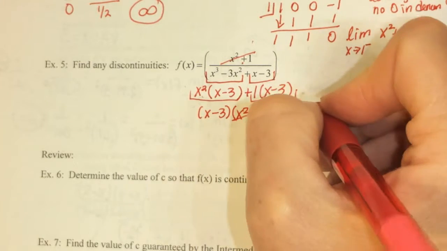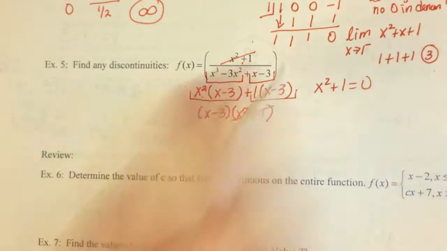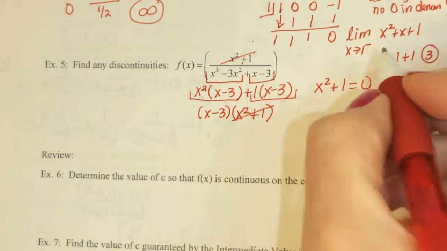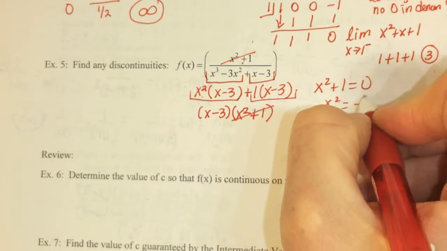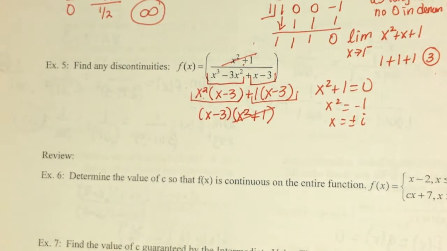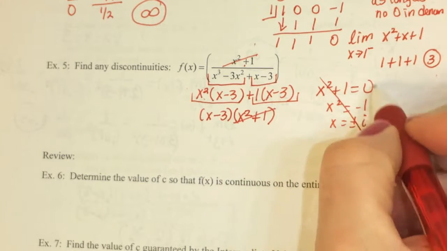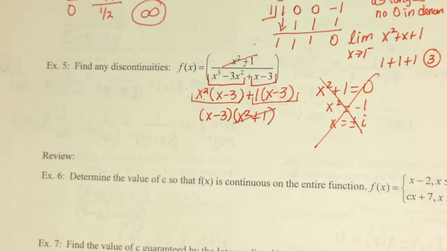So there should be a hole in the graph at whatever would make x squared plus 1 equal 0. But if I solve this, watch what I get. You remember doing that? Nice news for us is that we don't deal with imaginary numbers or complex numbers at all in calculus.